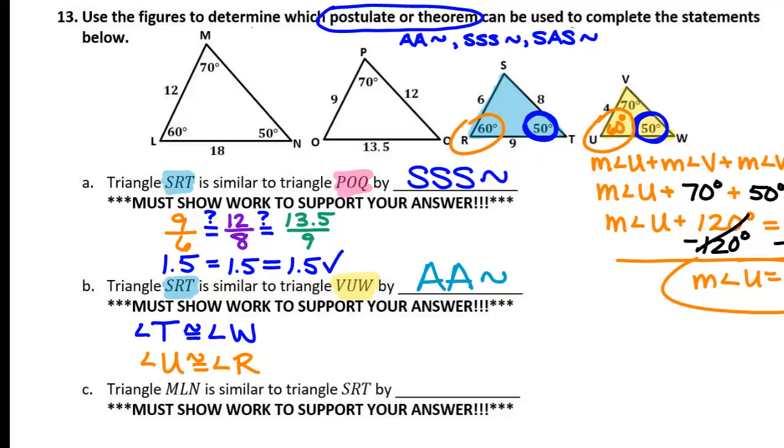When it says to show work to support my answer, I either have to show that the proportions came out to be the same, or I have to show and state explicitly which are the pairs of angles that are congruent. Or if it's side angle side, I'm going to have to do both of these pieces. I'm going to have to show one pair of angles congruent and two pairs of sides proportional.